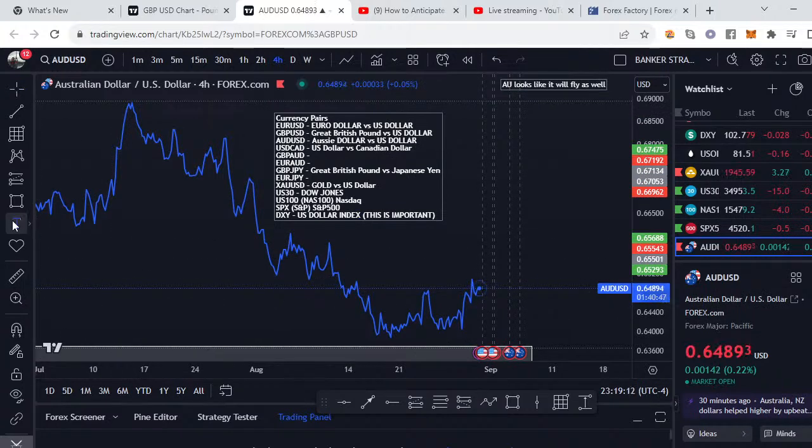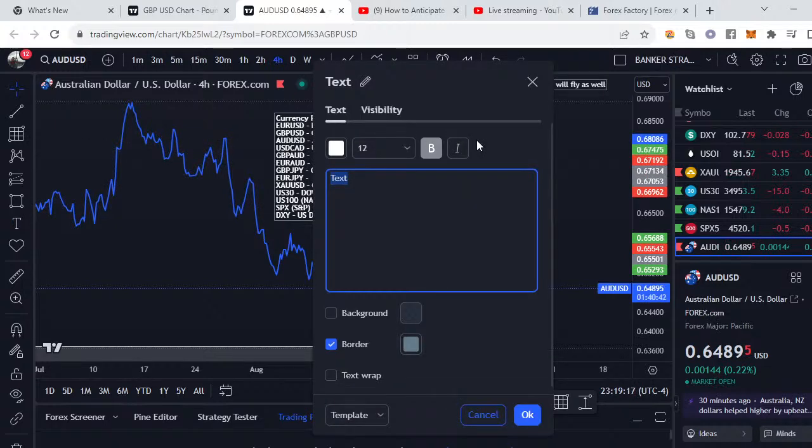Okay. Now here's another rule. So this is what I'm gonna write. DXY correlation. If I misspell it, I'm sorry. You guys know what I'm saying. XXX USD, and USD XXX.